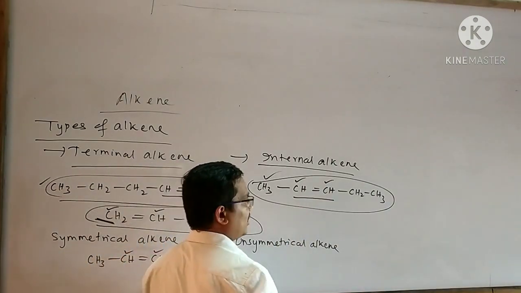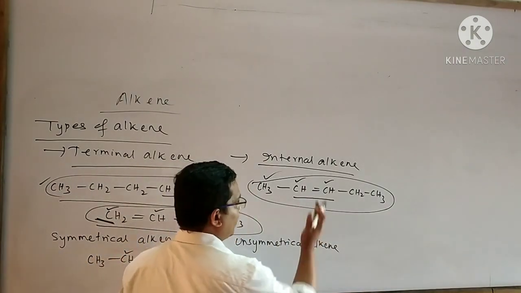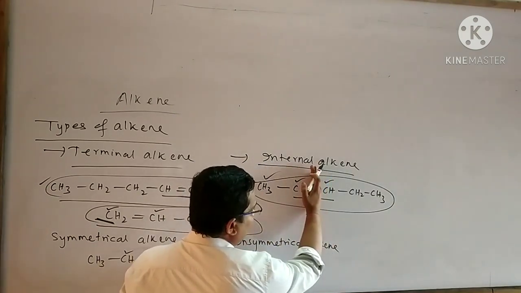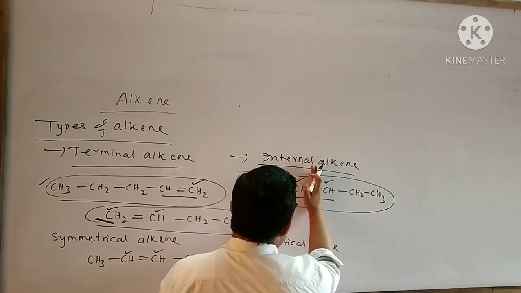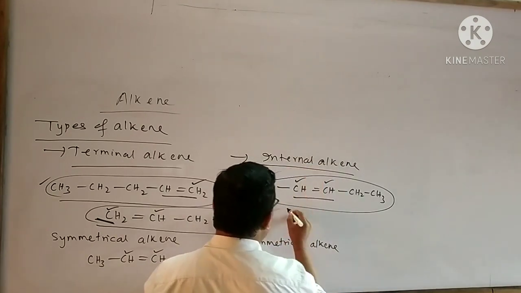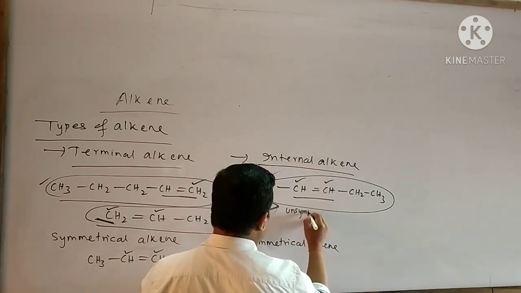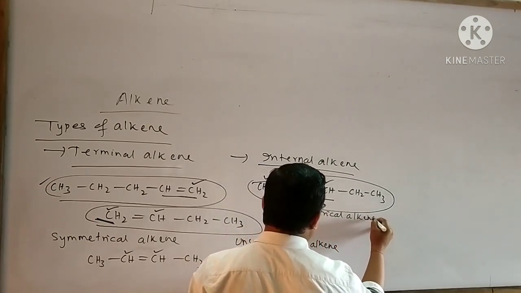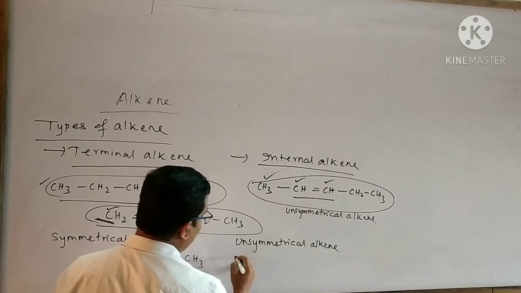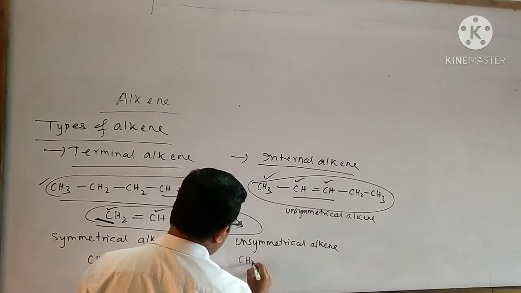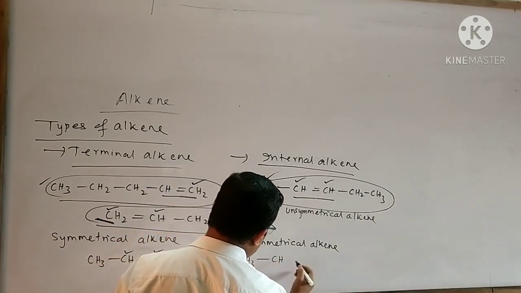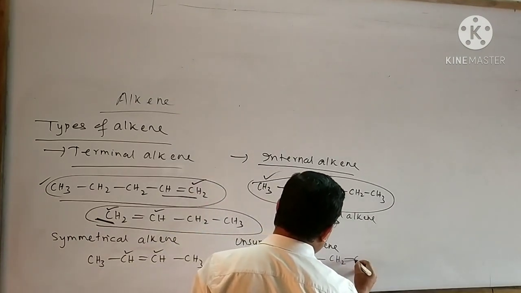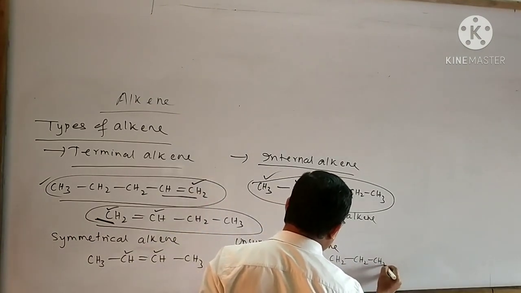Similarly, think about this alkene. If I pass a plane like this, then what will happen? The left part is not equal to the right part, so this is said to be an unsymmetrical alkene. Similarly, take another example: CH3 bond CH, double bond CH, bond CH2, bond CH2, bond CH3.